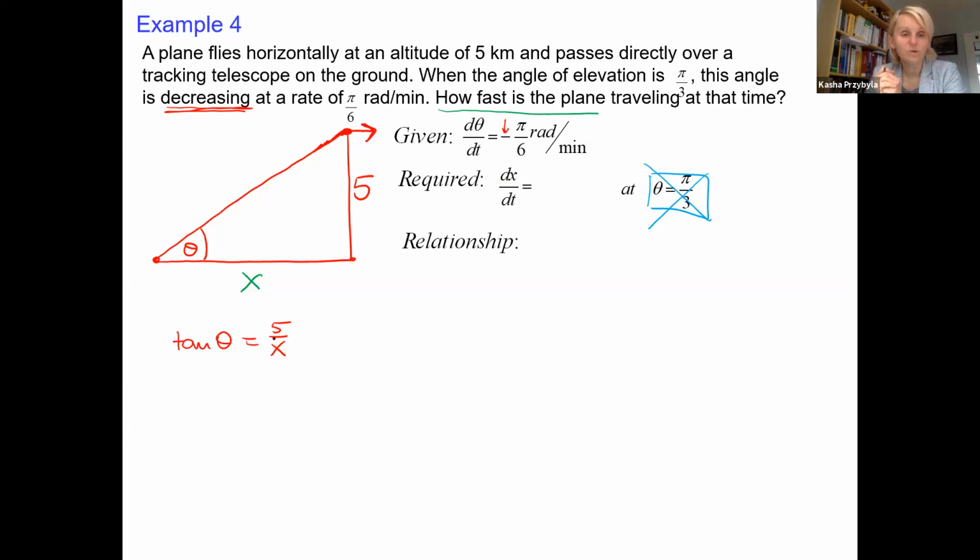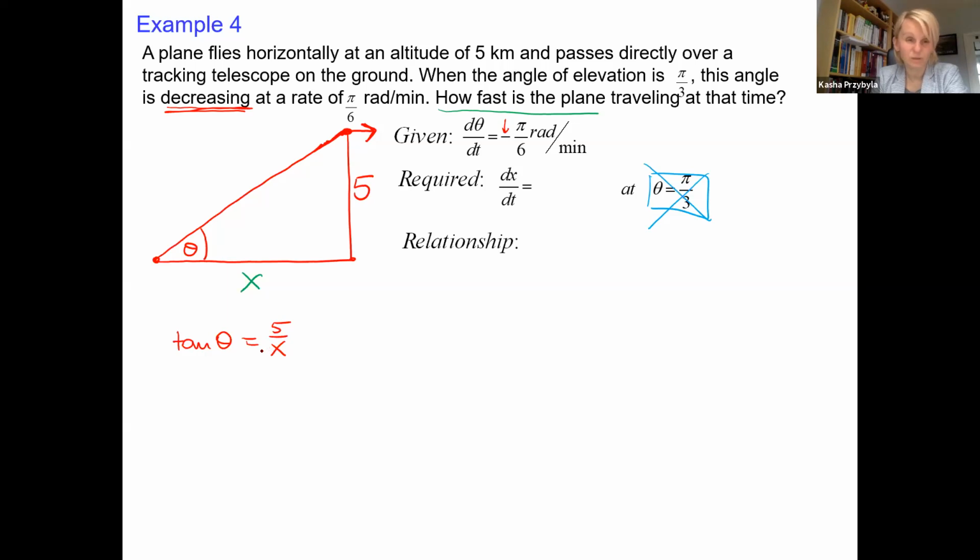I think that looks good, but what is the next step? I would like to give you a small hint. If I have the relation, what will we do? We have to differentiate. Derivative, thank you. We can definitely differentiate tangent, no problem. But let's look at the right-hand side: 5 over x.